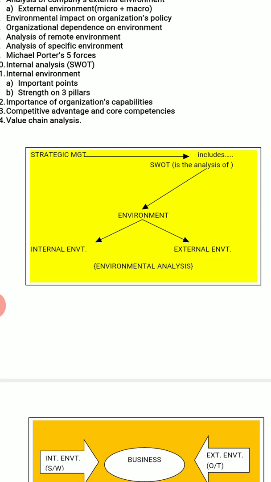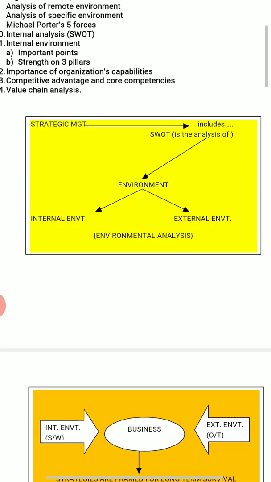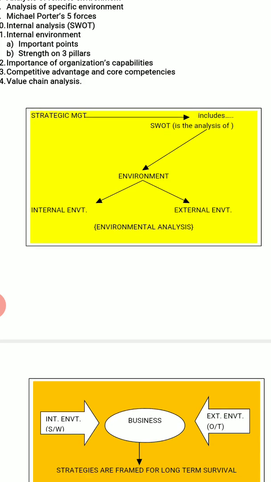But when we try to find out the strengths and weaknesses, we need to study the environment. Which environment is concerned with the business? Any business will not run in a vacuum. It has to have the business environment in which it survives, right?